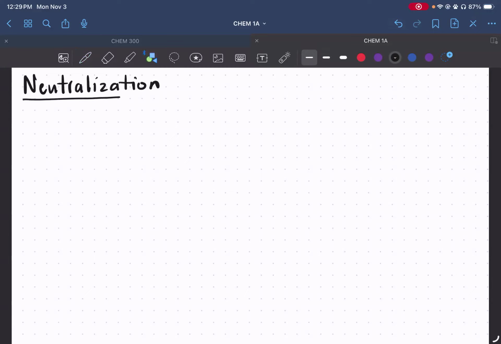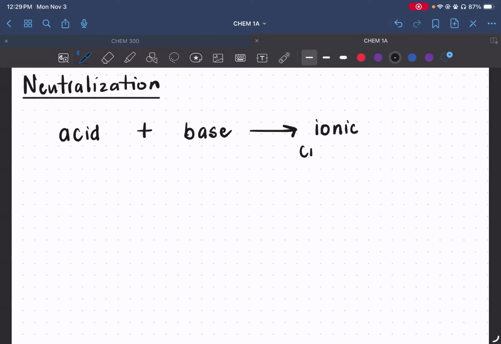This is way back when we covered predicting products. We talked about how neutralization is a reaction between an acid and a base that results in the formation of an ionic compound, here abbreviated as CMPD, and water.